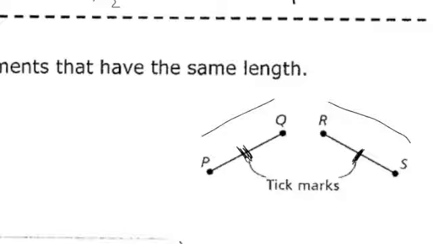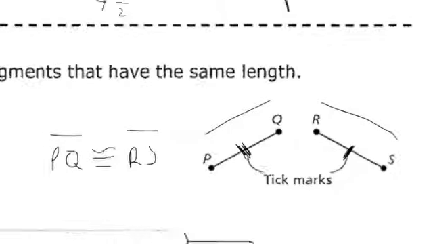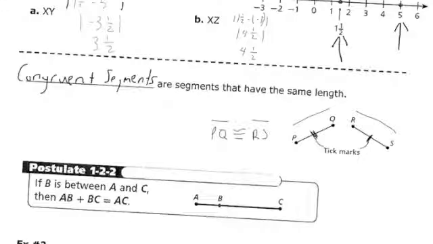You could write that as PQ is congruent to RS. If you ever see those little tick marks, all that means is that it's congruent.